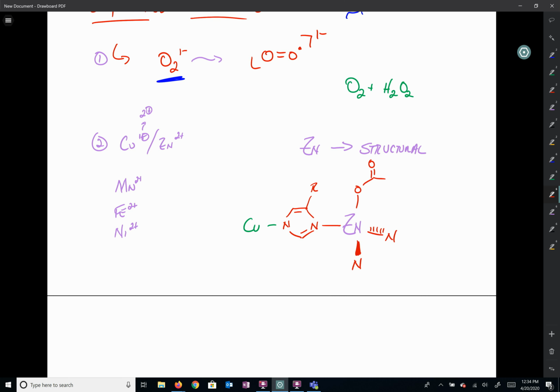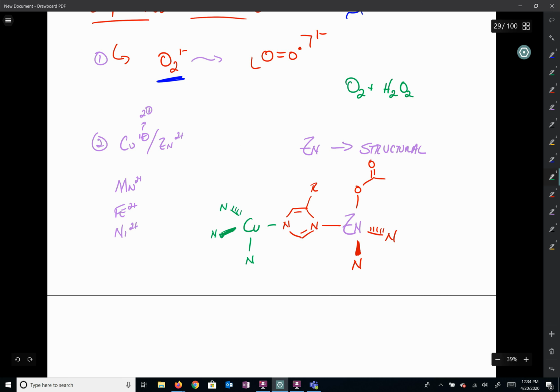So let's look at the copper. The copper is bound to that imidazole there, and it's also going to have a couple of other histidines around it, in a kind of distorted trigonal bipyramidal geometry. So we've got some histidines coming here. This one's probably coming out at us, that one's kind of back.